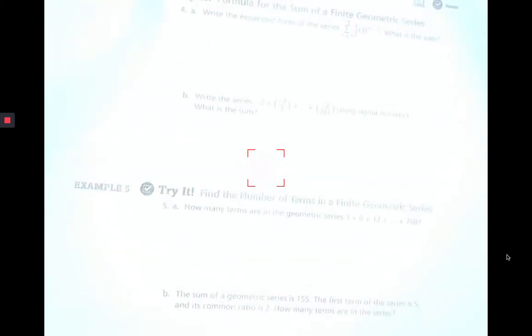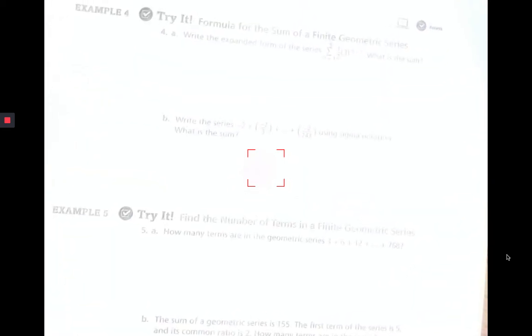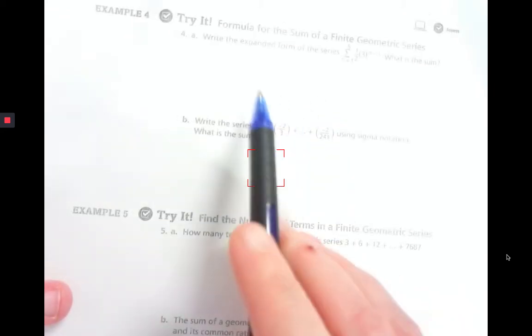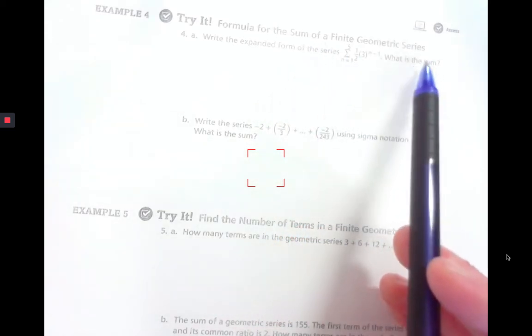All right, now I'm going to give you the formula to find the sum of a finite geometric series. Because they want us to figure out the sum.